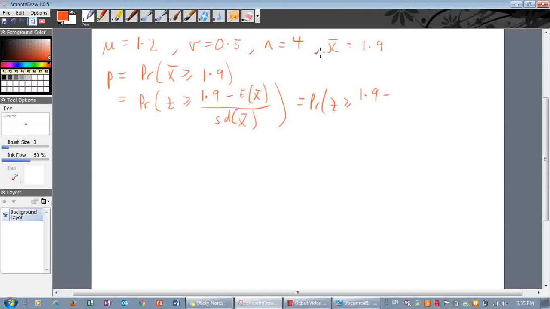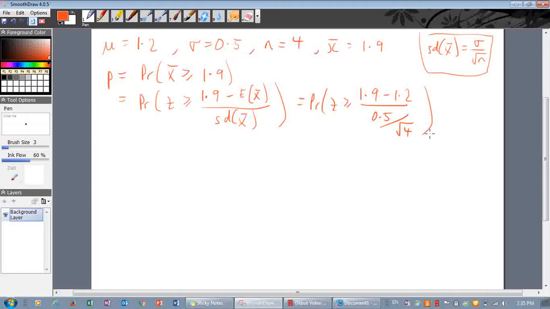What's the expected value of x bar? The expected value of x bar is equal to the expected value of the population, so that's minus 1.2. Over the standard deviation, what's the standard deviation of x bar? Well, I'll just write it up here to remind you. Standard deviation of x bar is sigma over root n. You remember that from past videos. So that's equal to sigma is 0.5 and root n is root 4.